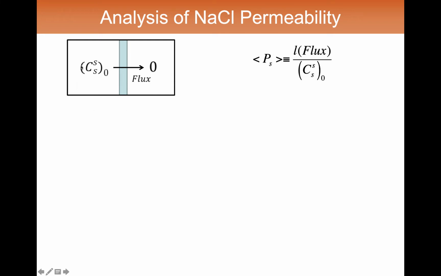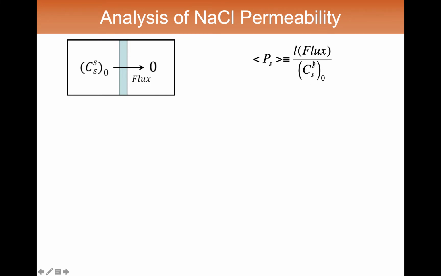comes about in an experiment where we start the salt concentration at a given value, and we initially permeate into a downstream chamber where the salt concentration is 0. Now, often we run these experiments under cases where this concentration never gets far above 0, and so for all intents and purposes, the driving force for transport is just the upstream salt concentration minus 0, and then that average permeability over the course of this experiment is the pseudo-steady state flux of salt times the membrane thickness divided by that concentration.